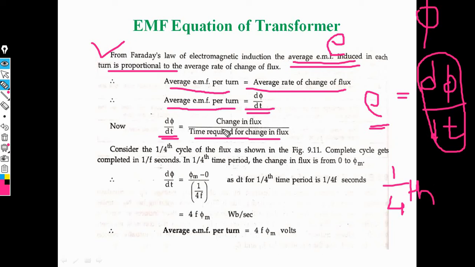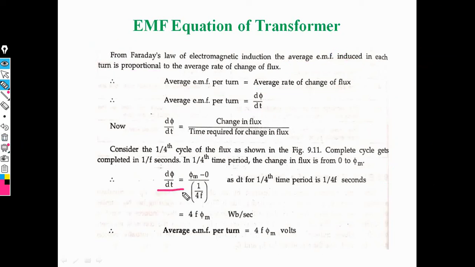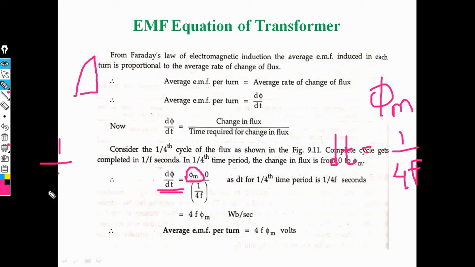Here the change in flux is phi m, and dt is 1 upon 4f, because the quarter cycle is the same as the next quarter cycle, and the positive half cycle is the same as the negative half cycle.